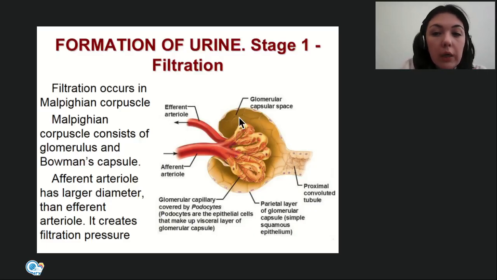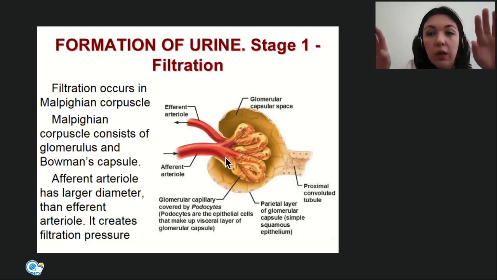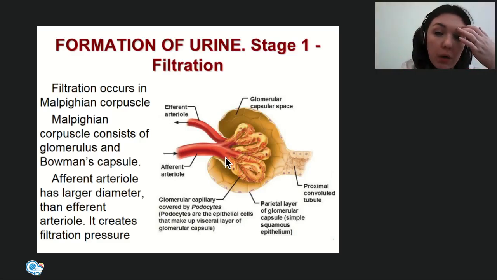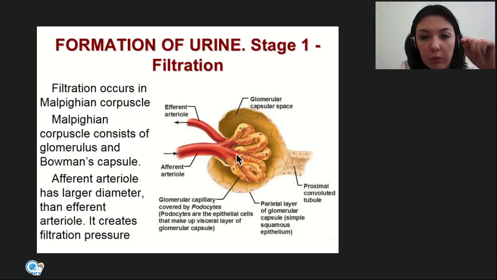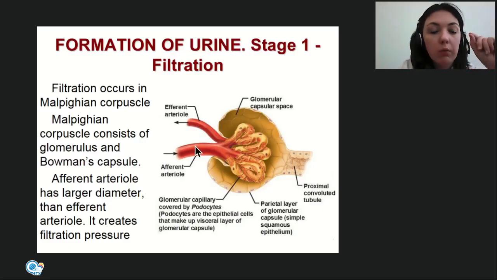Okay. So the afferent arteriole brings blood, and this arteriole is divided into many branches, which form the glomerulus. At the same time, we see that the diameters of the afferent and efferent arterioles are not equal. The efferent is smaller.